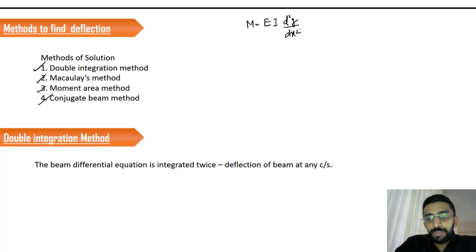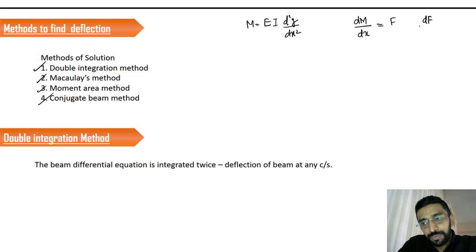In our SFD and BMD, we learned that the derivative of the bending moment is going to give you the shear force, and the derivative of the shear force will give you the value of the negative of the loading.